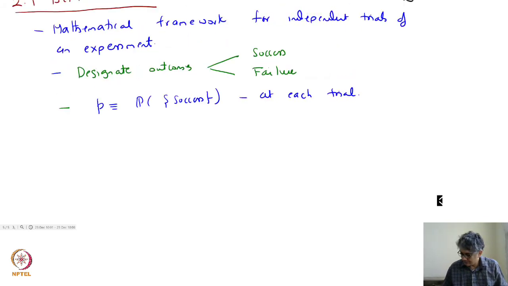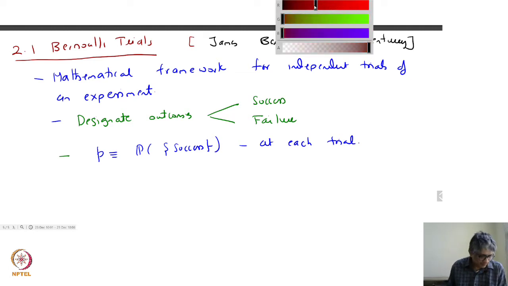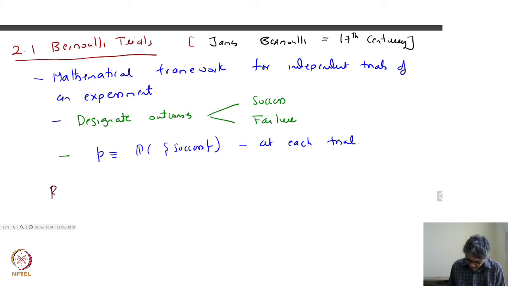So now I could forget about my experiment and my larger sample space. I could just fix my sample space to be just success and failure and work with that. So this is what Bernoulli did. This is a Bernoulli trial, called Bernoulli P. Here I would just assume that instead of many trials, it's one trial.